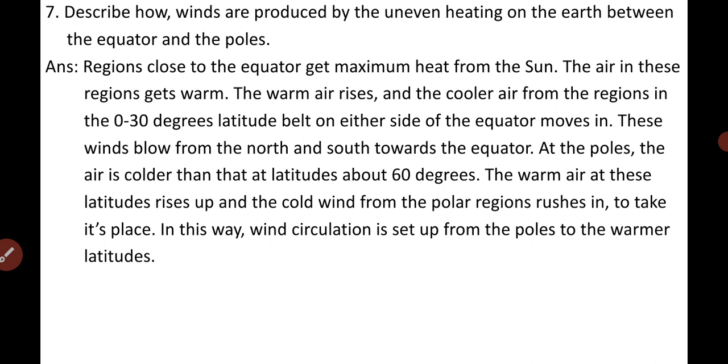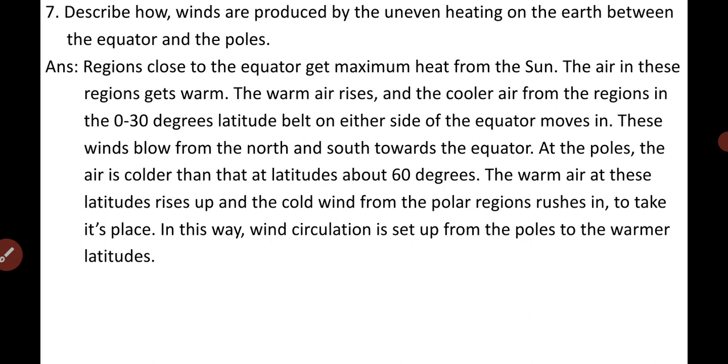The warmer air at about 60 degrees latitude rises up and creates a region of low air pressure. Then the cold air from the polar regions, which is at higher pressure, rushes in to take the place of the warm rising air. So this makes the wind blow from the poles of the earth towards the warmer regions up to about 60 degrees latitude.